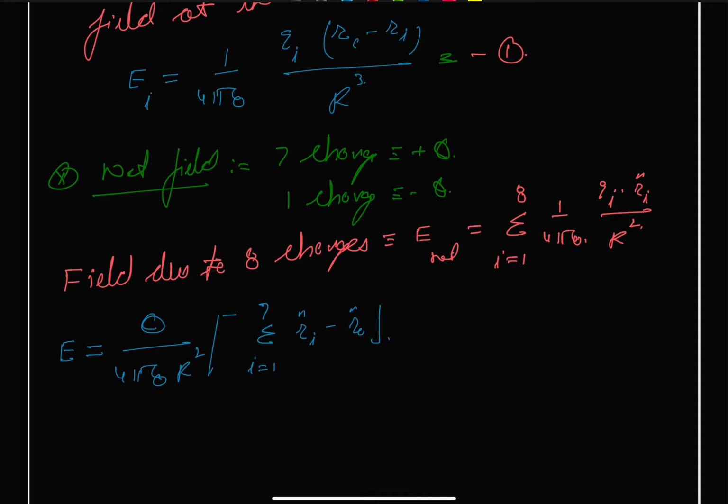Here the R I unit vector is the unit vector from vertex I to the center, and this is for the positive charge.